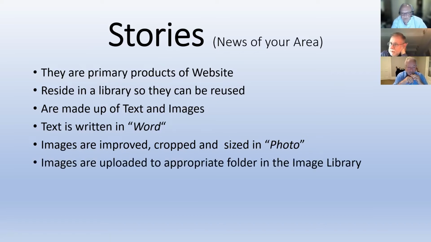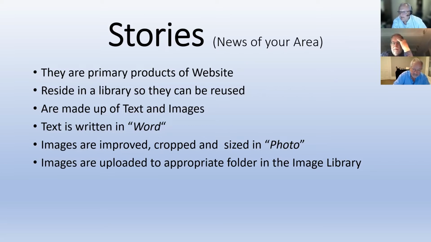Images are uploaded to the appropriate folder in the image library. One thing I do try to encourage people to do is to treat everything that you're doing in a way that you will be able to go get it again. Don't just throw it in a box.